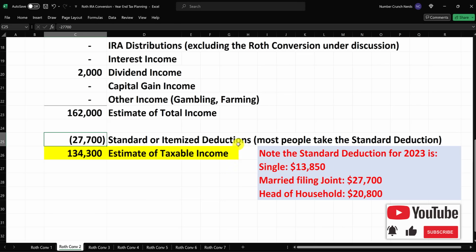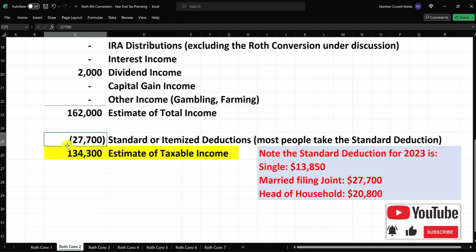If you don't have charitable contributions that are at least $5,000, $10,000, chances are you are taking the standard deduction. The only other thing besides charitable contributions and home mortgage interest on your primary residence that would cause you to itemize is going to be medical expenses, and those are going to have to be pretty big. You're going to need to have out-of-pocket medical expenses, probably $20,000, $30,000, $40,000 out of pocket for medical to even have a chance of itemizing. So if you don't have those three things, you're taking the standard deduction.